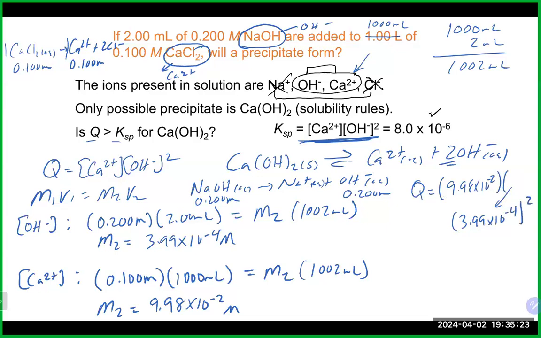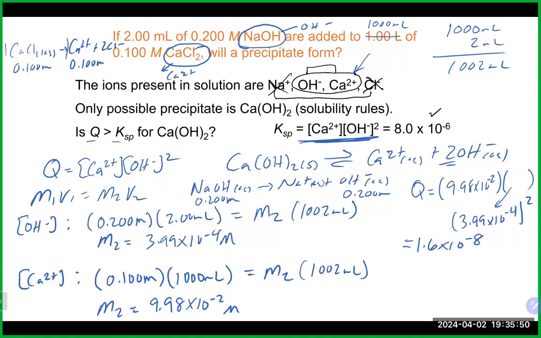We have to make sure we square it as well. So that's 9.98 times 10 to the minus 2 times 3.99 times 10 to the minus 4 squared, which gives 1.6 times 10 to the minus 8. Any questions on that calculation?